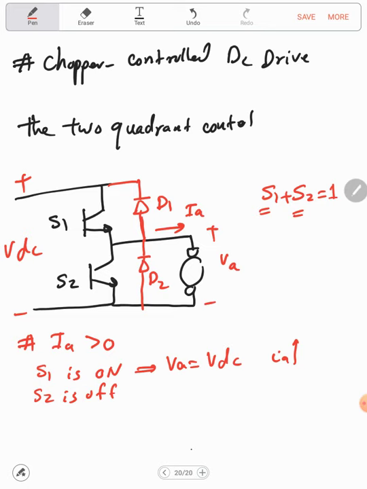So simply here, if we plot the output, now let's assume from here to here is T on, the switch S1 is on, so the output will be VDC.